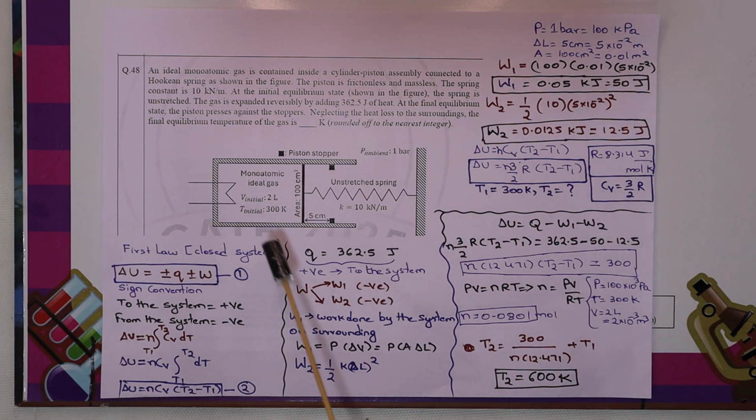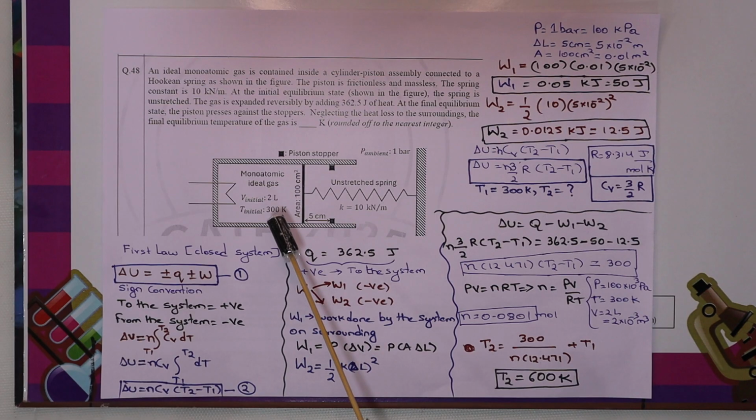So in this kind of example you have to go for the first law of thermodynamics, right? Through that information you will be able to find it. State 1 is before expansion, state 2 is after the expansion process.